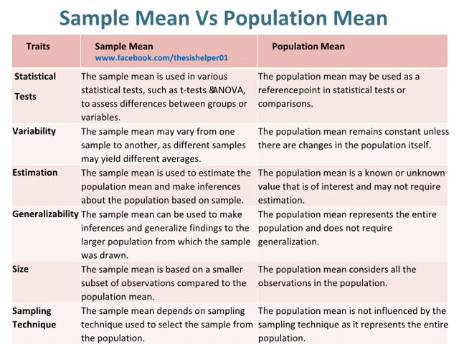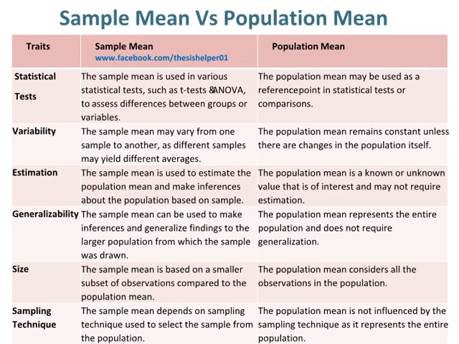Whereas, the population mean remains constant unless there are changes in the population itself. The sample mean is used to estimate the population mean and make inferences about the population based on the sample. Whereas, the population mean is a known or unknown value that is of interest and may not require estimation.